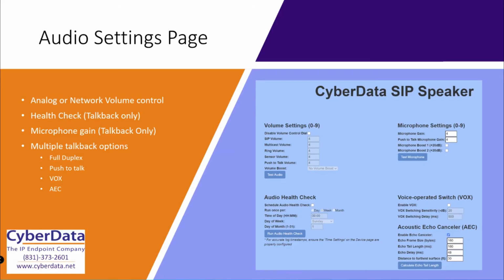Math. But for the Vox switching delay, basically that allows for the right amount of time for a user to stop talking on the phone side and for the microphone to become active on the speaker side. And you'll want to adjust this depending on how the people talk, just in that particular area. If you've got people that typically take a lot of pauses that would make announcements, it's not really typical here in the States.